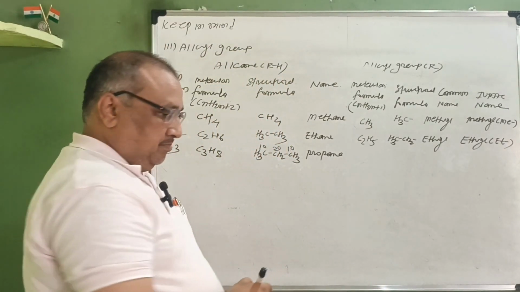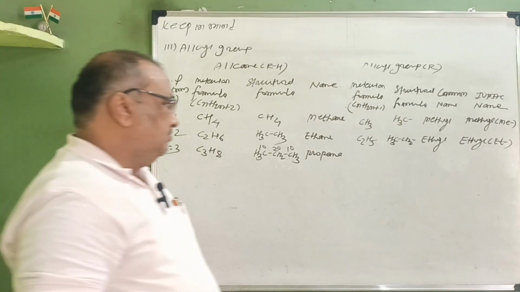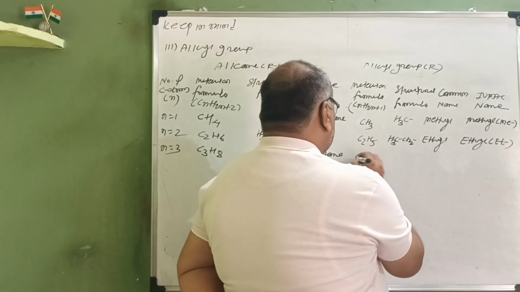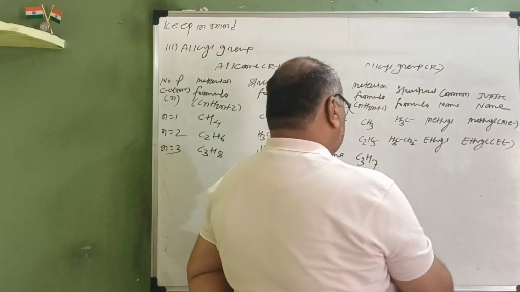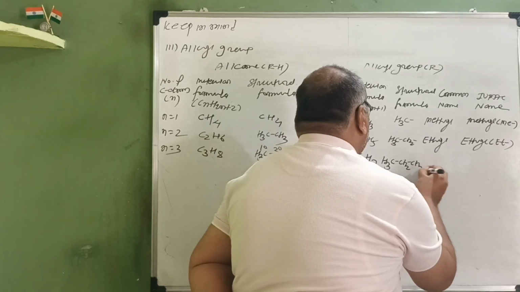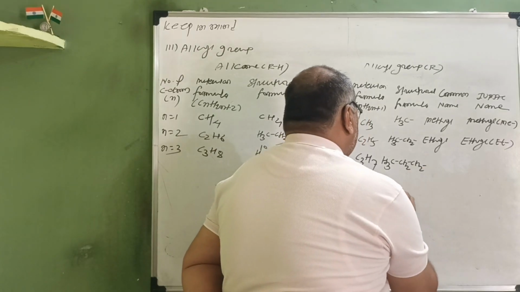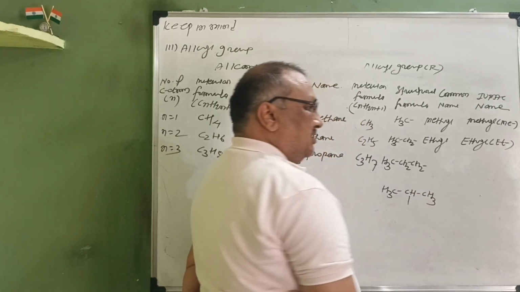And here C3H7, here we will get two alkyl groups. That is CH3-CH2-CH2- and the second alkyl group is like this.